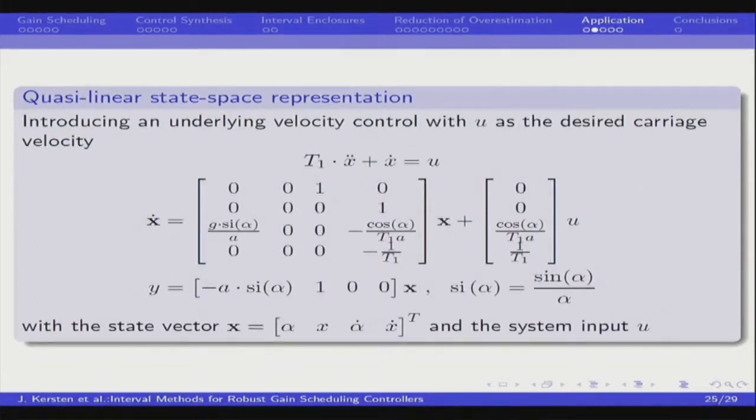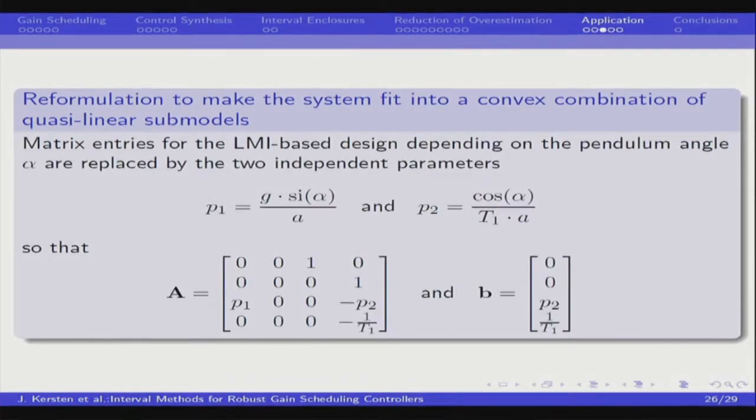Note that the state vector is the angle of the pendulum, the position of the carriage, the velocity of the pendulum angle, and the velocity of the carriage. As I told you, we need to consider the independent parameters to take into account all possible vertex matrices.